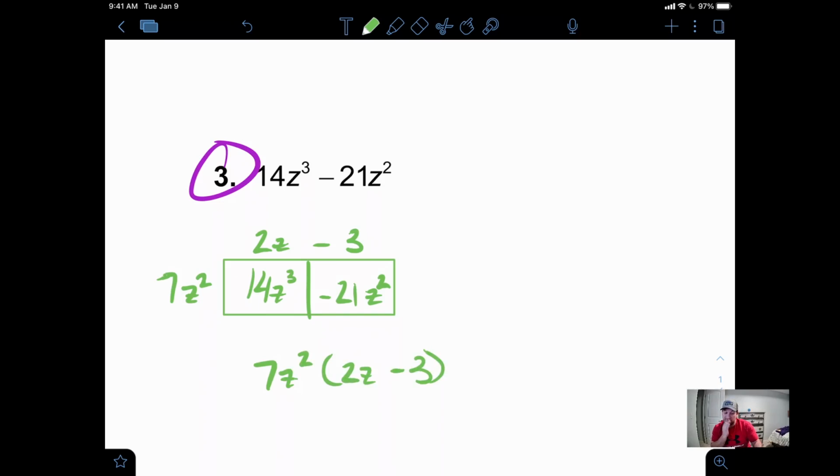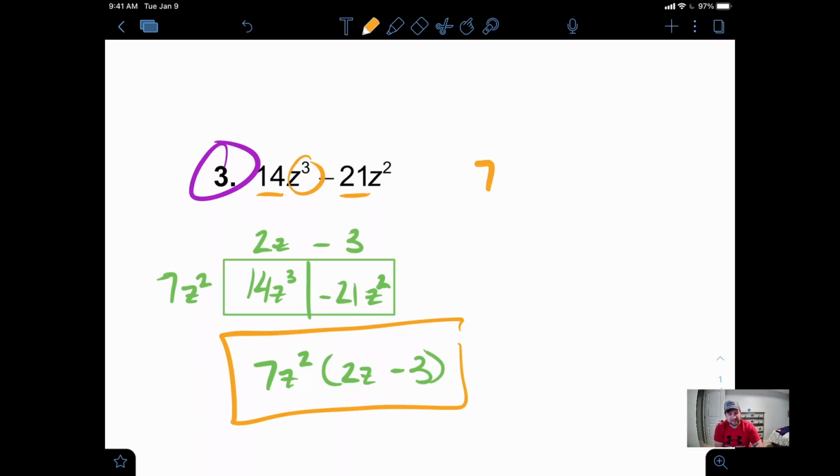Now, the box is like a structure. You don't have to use it, but you have to be able to arrive at this answer, right? And that's just figuring out what's the biggest thing I can divide out of each of those, and what would be left if I did. I could also have gotten to that same answer by just looking at 14 and 21 and saying, well, I know I can pull a 7 out of each of those. And then looking at the z's and saying if this one has 3 and this one has 2, I can take out 2.